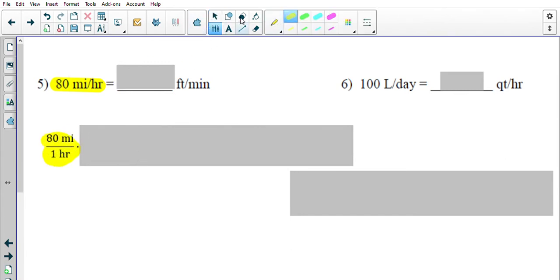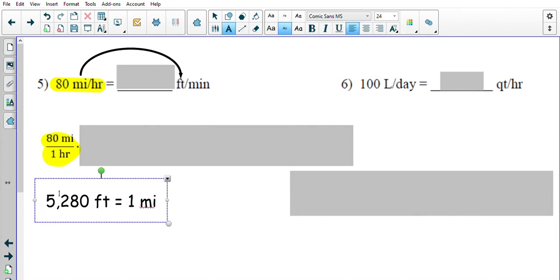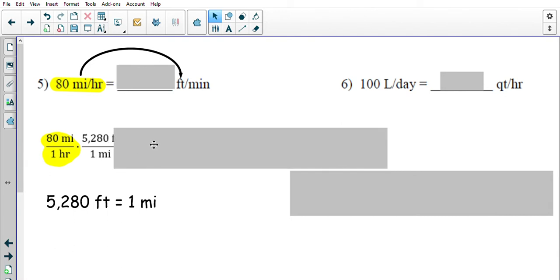We are trying to convert between miles and feet, so we might need to look up that conversion factor. But there are 5,280 feet in 1 mile. So since miles is on the top, I want the 1 mile to go on the bottom here. So I'll have 5,280 feet over 1 mile, which is our second conversion factor.